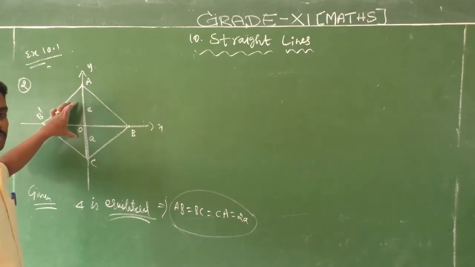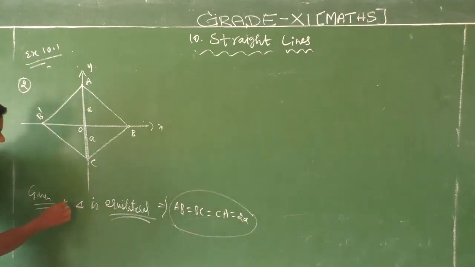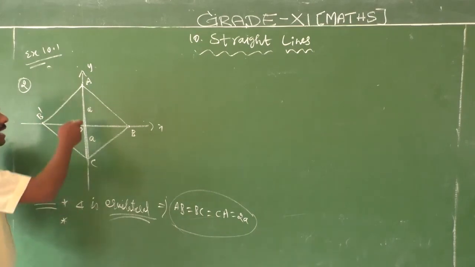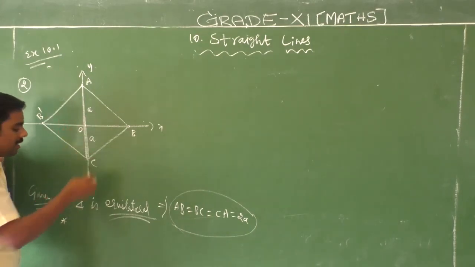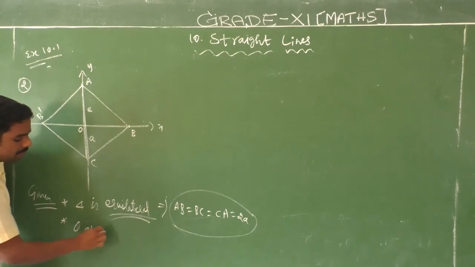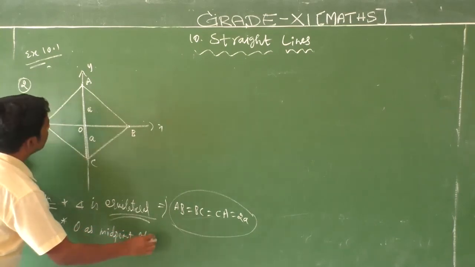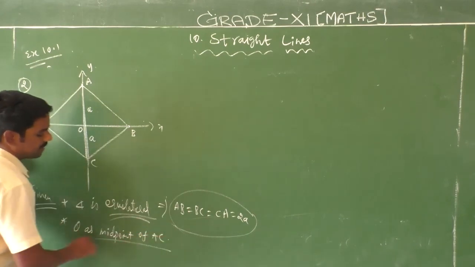The second piece of information is that the midpoint of the base AC is the origin.